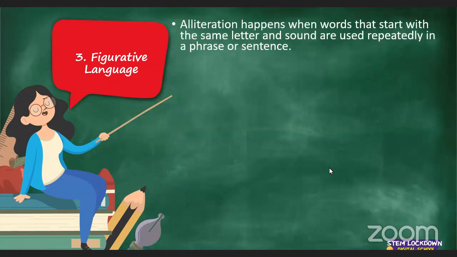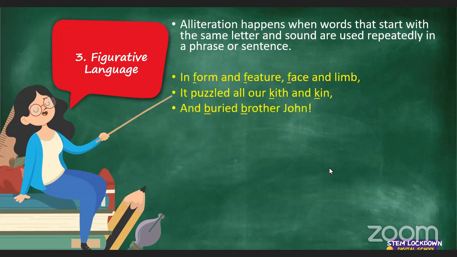Okay, so from the poem that we did, which is The Twins, we said alliteration happens when words that start with the same letter and sound are used repeatedly in a phrase or sentence, okay? And then we had these lines. I think they were from the first stanza of the poem.